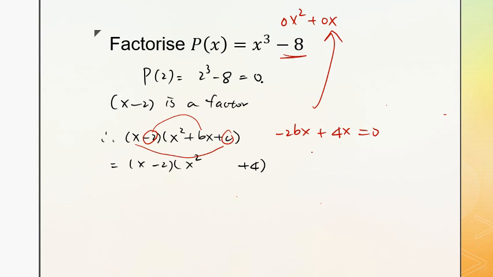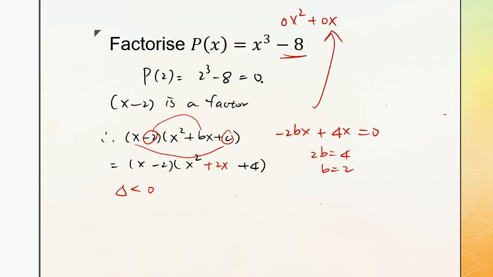What that tells you is 2b is equal to 4 and b is equal to 2. And therefore, the factorizing form of this cubic function will be x squared plus 2x plus 4 multiplied by x minus 2. And again, you have to check whether you can further factorize it. In this case, the discriminant value is less than 0, so you're going to stop here.